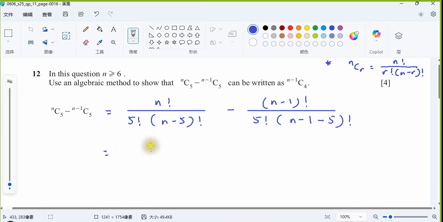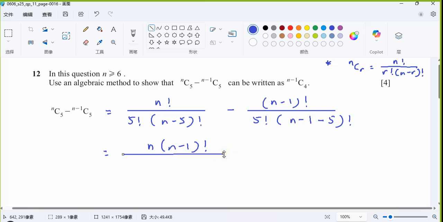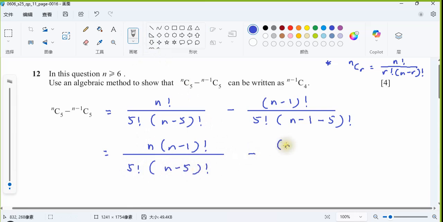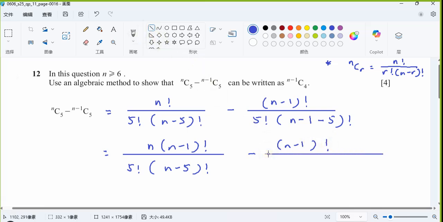so we have n factorial, no, n times (n minus 1) factorial over 5 factorial times (n minus 5) factorial, minus (n minus 1) factorial over 5 factorial times... this is actually (n minus 6) factorial.